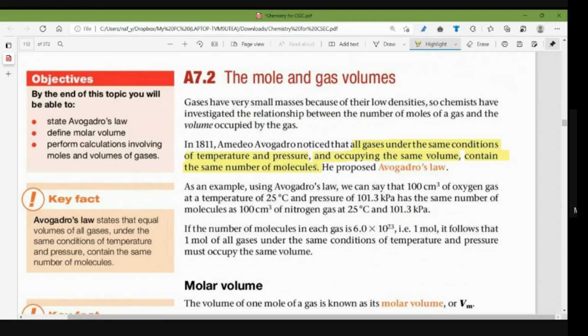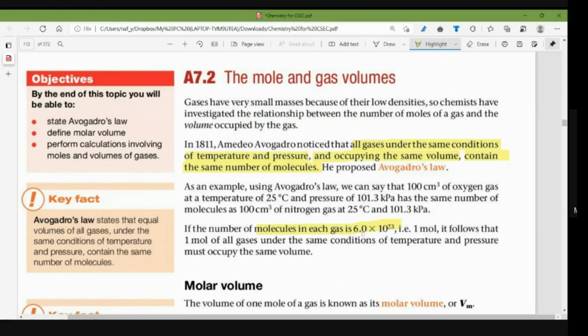That's what he's saying. When we talk about a mole of a substance, we're talking about 6 times 10 to the 23rd particles. Particles in chemistry can be atoms, molecules, ions, etc. We're looking at molecules now because we're talking about gases.